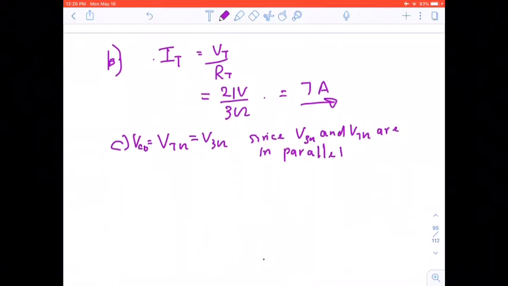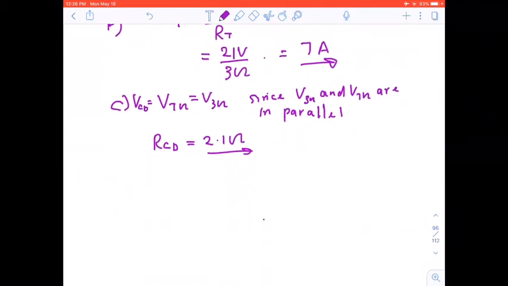Now, if we look at R CD, we know it was 2.1 ohms.